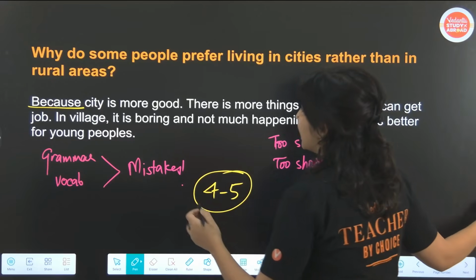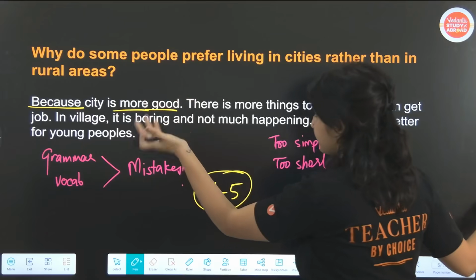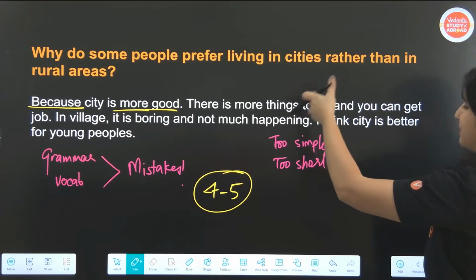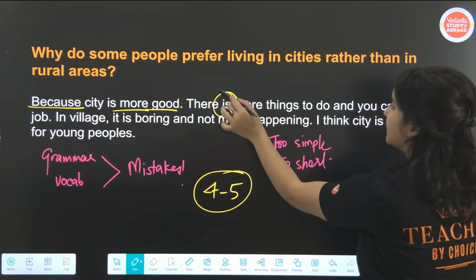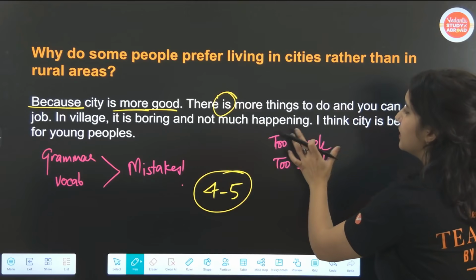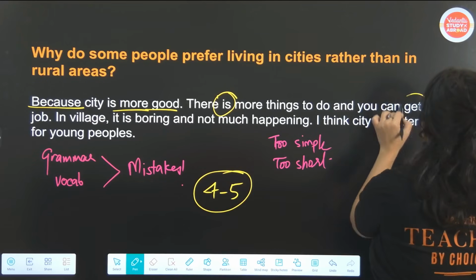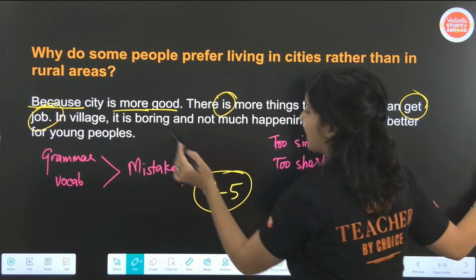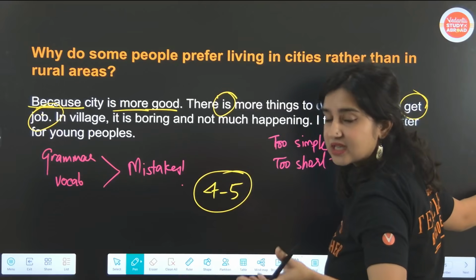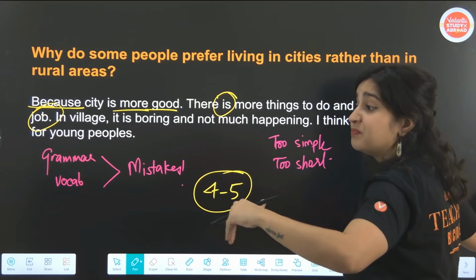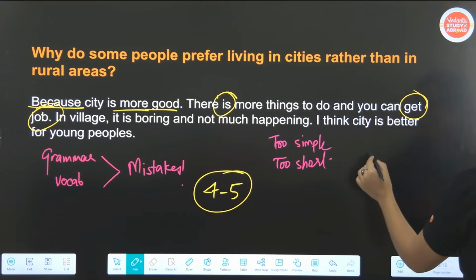"City is more good" - again, more good than what? Grammatically, that sentence is a mess. "There is more things." SVC is a problem, right? "Can get job", lack of articles. So what are the mistakes that we commonly keep making? It's good to reflect on these things so that we understand that, okay, we have to make sure we're doing this.